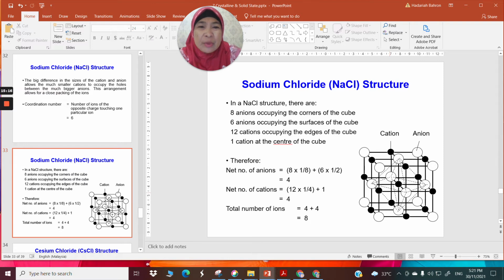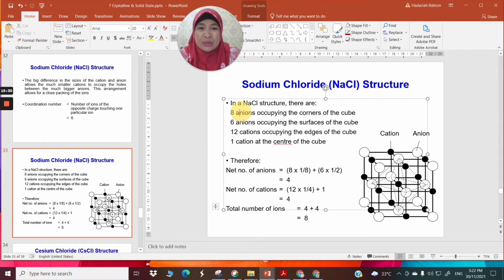Right. Sodium chloride. How do you count the number of sodium ions and the number of chloride ions in one unit cell of rock salt? You just have to count it like this. There are 8 anions occupying the corners of the cube, 6 anions occupying the surfaces of the cube. There are 12 cations occupying the edges of the cube and 1 cation right there in the middle.